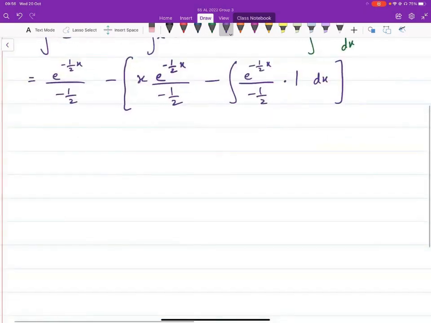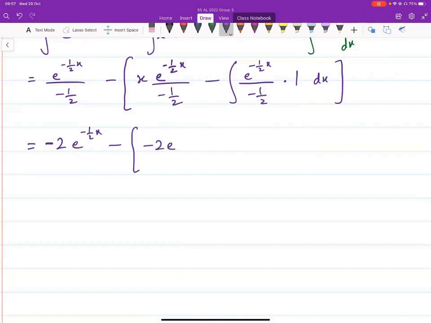What do we get after this? We have e raised to power minus half x. This 2 that we have in the denominator in the fraction, वो ऊपर आ जाएगा, right? So it becomes minus 2 e raised to power minus half x here. All right. Again, the same thing here. It becomes minus 2x e raised to power minus half x.